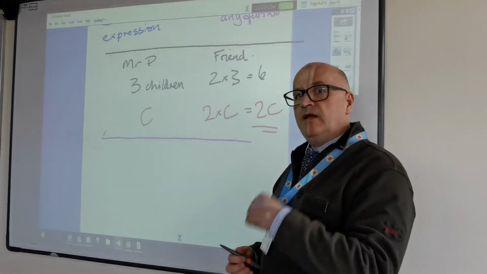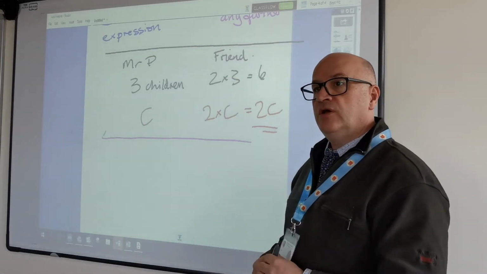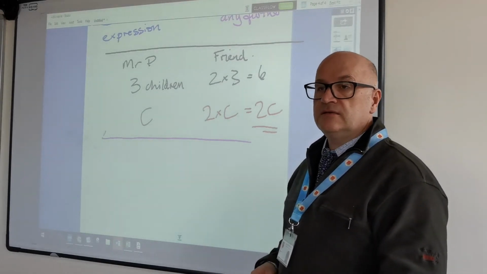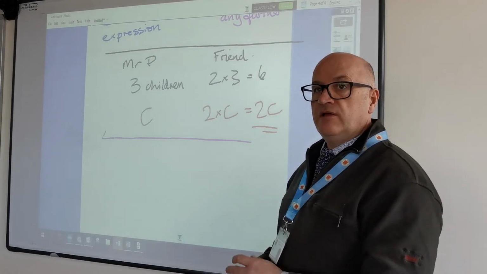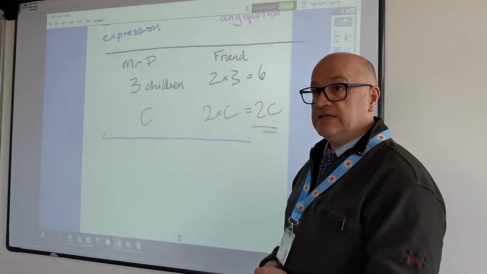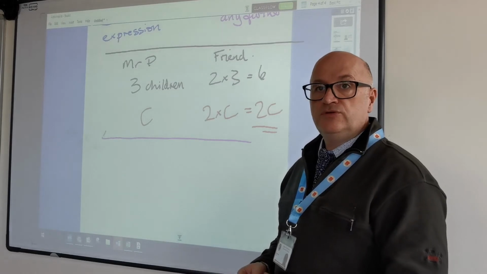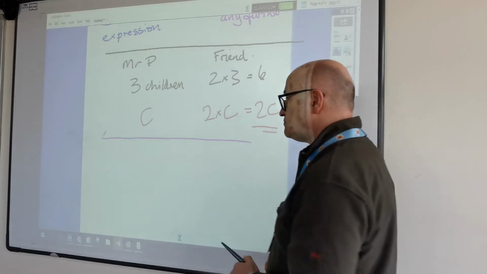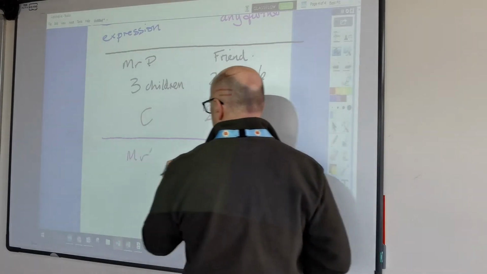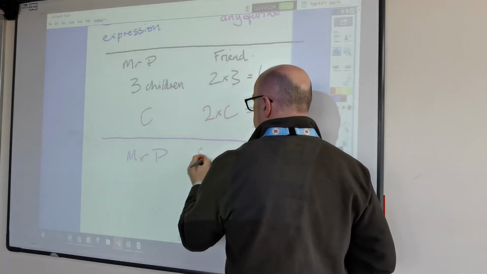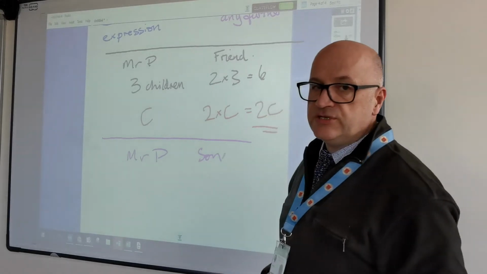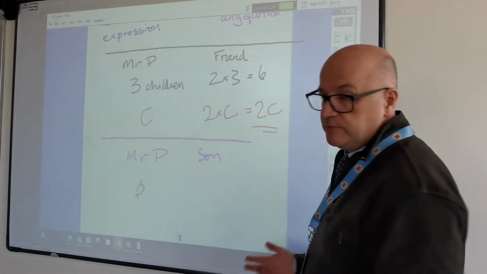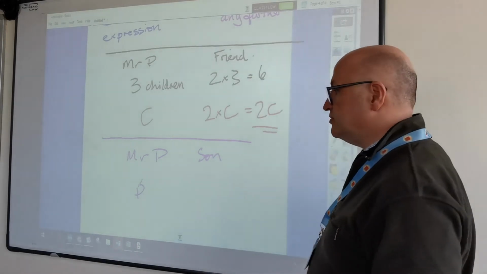So if you double my age and take away 80, you get my son's age. So Mr. P and son. Actually, if you take away 82. So if we double Mr. P's age and take away 82, you get his son's age.